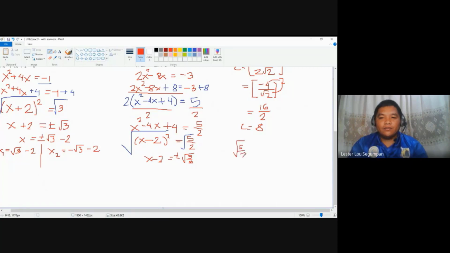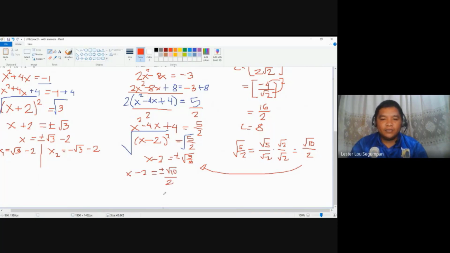So square root of 5 halves is equal to, disregarding the sign first, square root of 5 over square root of 2, then times square root of 2 over square root of 2, which is actually equal to square root of 10 all over 2. And that's it. So I'm going to use it here, so that there would be no radical expression in the denominator. x minus 2 is equal to plus or minus square root of 10 all over 2.